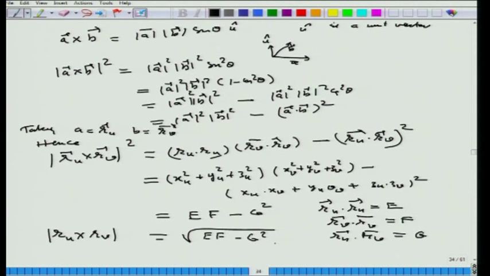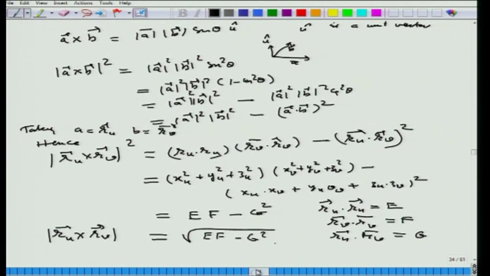and r_u · r_v is G. So this |r_u × r_v| squared comes out to be EG minus F squared. Therefore, |r_u × r_v| is the square root of EG minus F squared. We take here the positive square root, and that is what we have here.